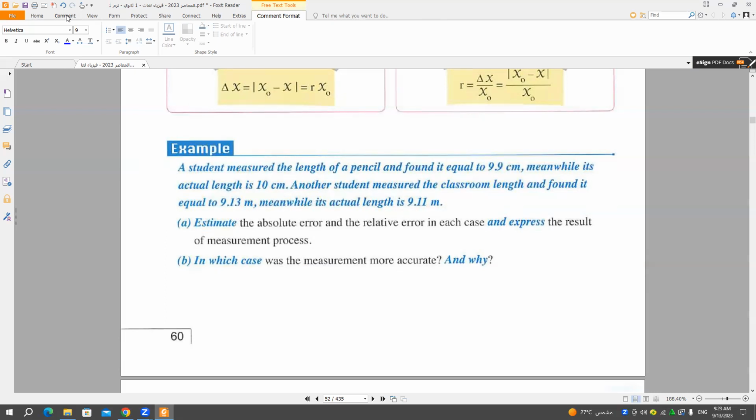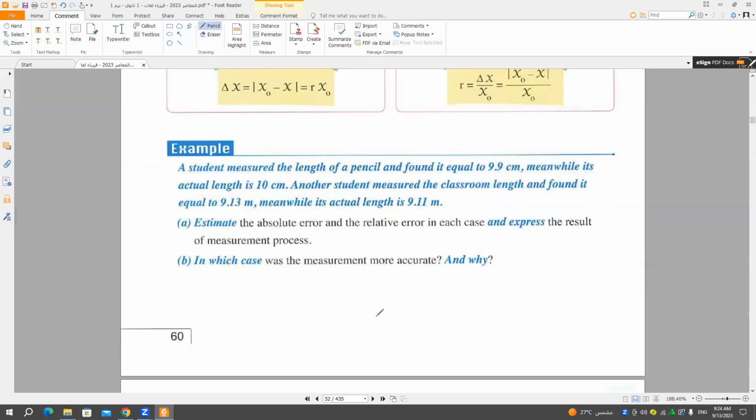Let's start with the first student. The first student measured the length equal to 9.9 and the real value equals 10 centimeter.